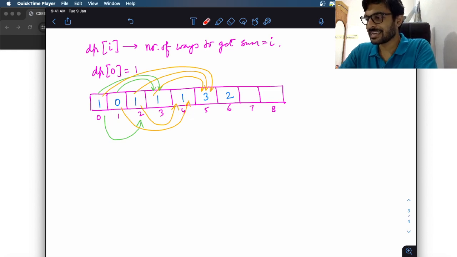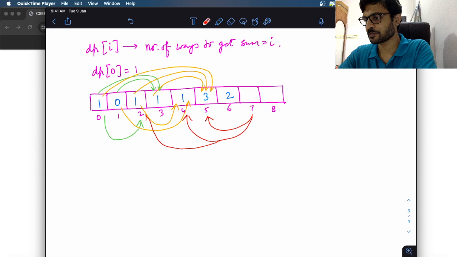For 7, I can similarly go to 7 minus 2, 7 minus 3, and 7 minus 5. If I add them up, I get 1 plus 1 plus 3, that is 5. I get 5. And for 8, if I calculate, similarly I'll get 2, 3, and 8 minus 5, that is 3.